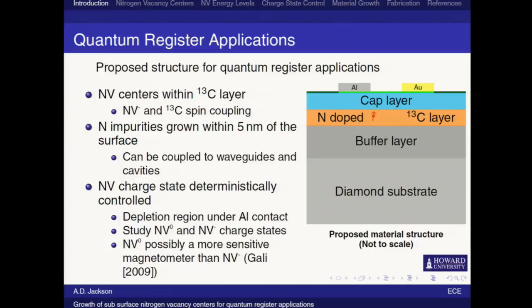If they're close to the surface, we can couple them with waveguides and cavities if that's something we want to do. This green area is the hydrogen termination for the diamond, and this is an aluminum Schottky contact. With the combination of these two, we can deterministically control the charge state. That was demonstrated by another group in Germany.